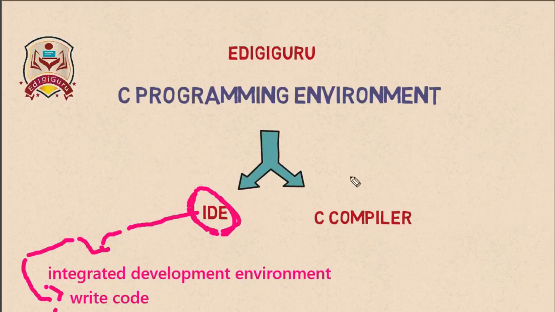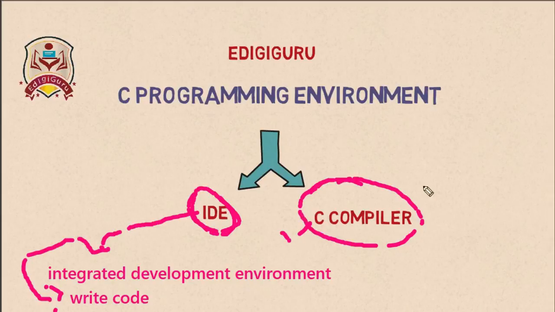But the computer doesn't understand that English language. So here the compiler comes into the picture. What it does is that it converts the code written in the IDE into machine readable, machine understandable form.